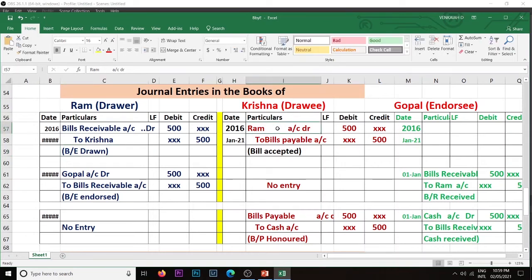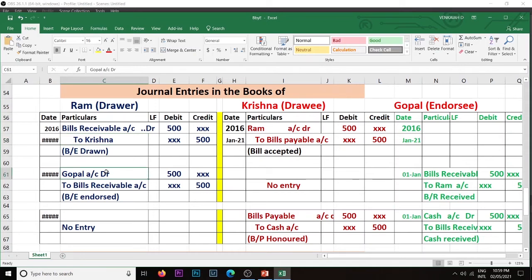That's why, in Krishna's books, Ram account debit to bills payable account, 500. He accepted the bill and returned it to Ram. Ram received the bill, and that's why for him it is bills receivable from Krishna: bills receivable account debit to Krishna account. The bill is drawn and received, and the bill is accepted. So the transaction between Ram and Krishna is over.